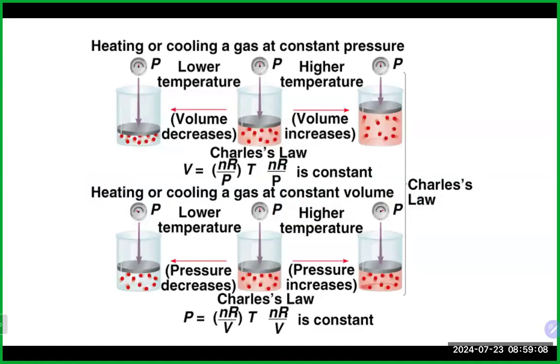We saw with Charles' law that at lower temperature, we need to lower the volume to maintain constant pressure. At higher temperature, we need a bit more room for everybody to fly around in, again to maintain that pressure. And in a constant pressure situation, we see our temperatures increase or decrease along with the pressures.